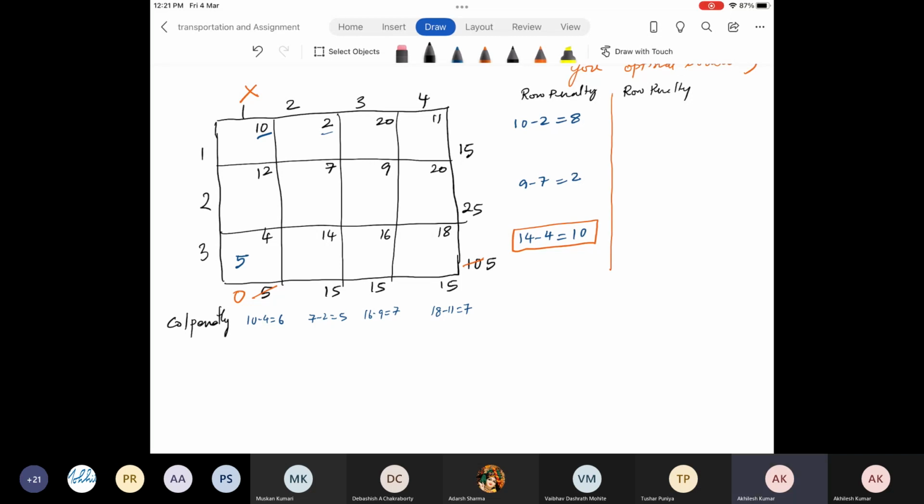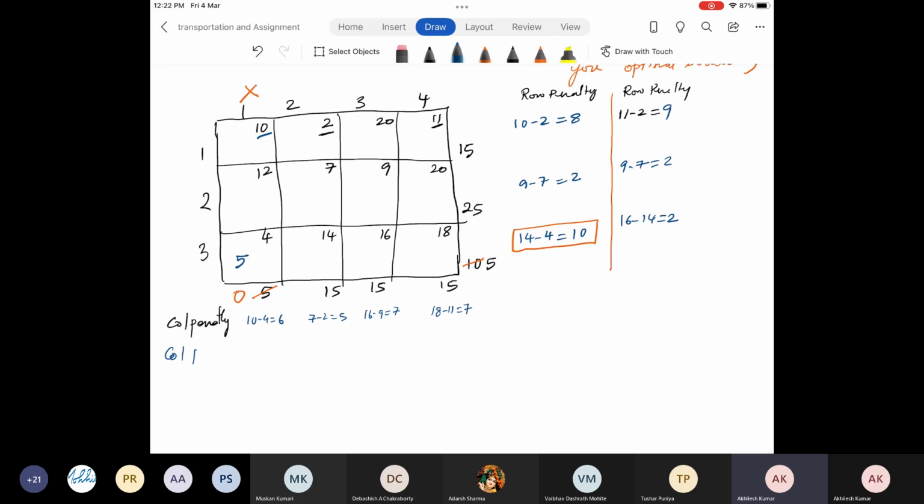So what is the smallest cost here? 2. What is the next smallest cost? 11. So 11 minus 2 equals to 9. Similarly, 9 minus 7 equals to 2. 16 minus 14 equals to 2.